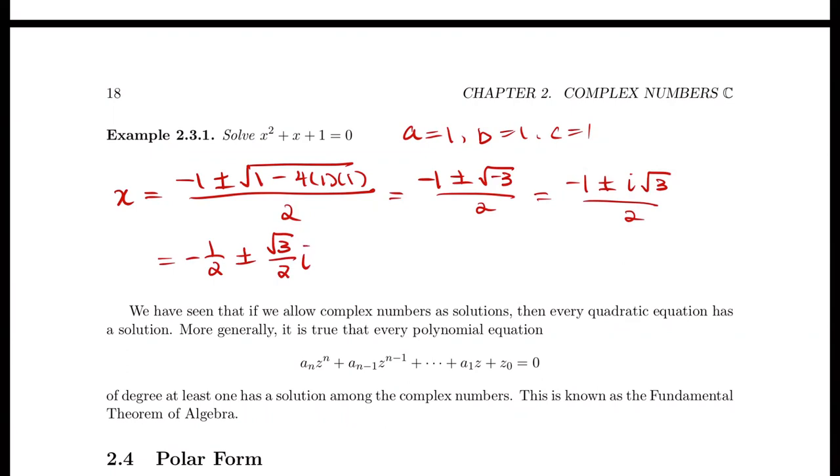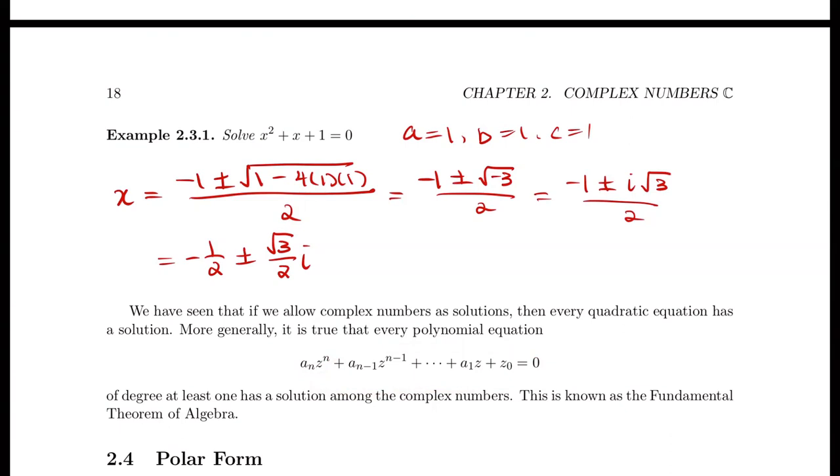So we have complex numbers now. If we allow complex numbers as solutions, then every quadratic equation will have 2 solutions. More generally, it's also true for any polynomial equation. Say we have a polynomial of the form a_n z^n + a_(n-1) z^(n-1) + and so on, and we set all of that equal to 0, where the degree here is at least 1.